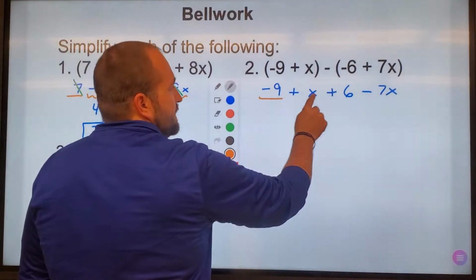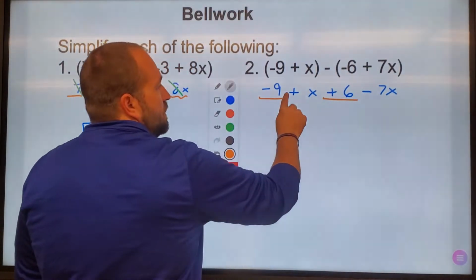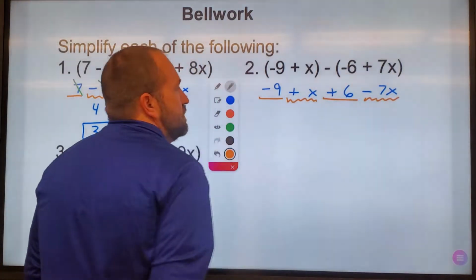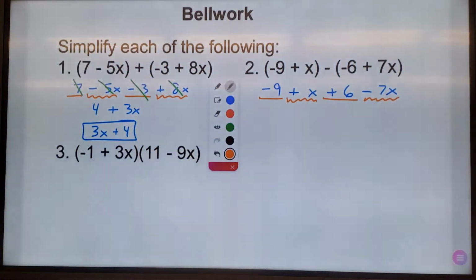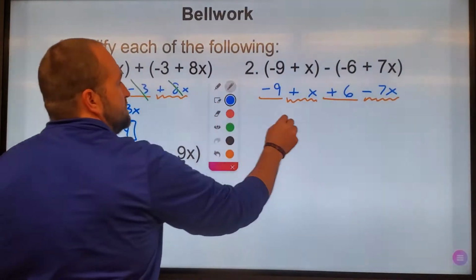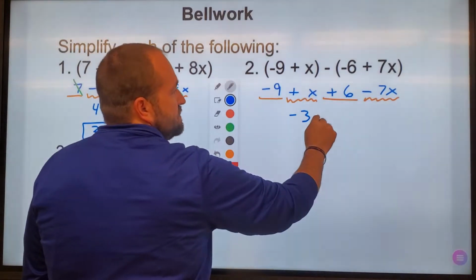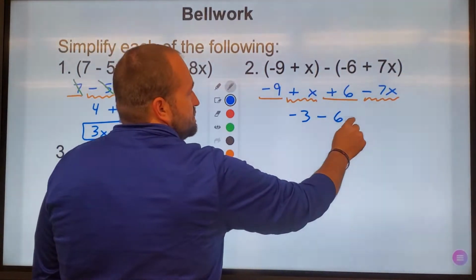Negative 9 is a like term to 6. X is a like term to negative 7x. Okay, and then we're going to combine like terms. So negative 9 plus 6 is negative 3. X minus 7x is negative 6x.